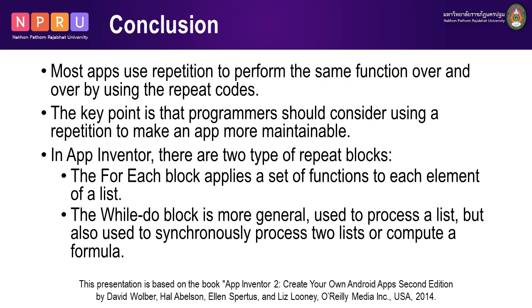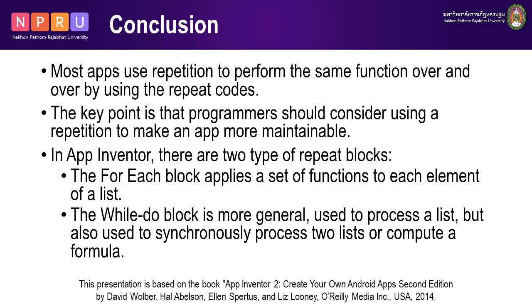Moreover, we explored two of App Inventor's repeat blocks. The for each block applies a set of functions to each element of a list. By using it, we can design processing code that works on an abstract list instead of concrete data. Such code is more maintainable, and is required if the data to be processed is dynamic. Compared to for each, the while do block is more general.